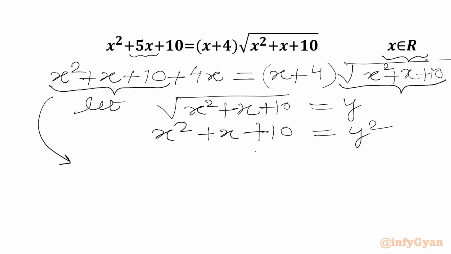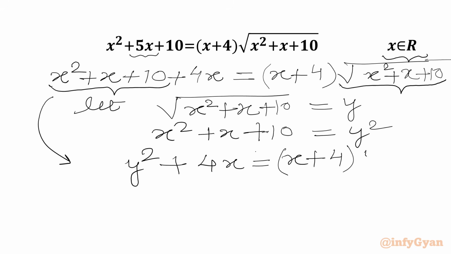So let us write our equation in this way: y square plus 4x equal to (x plus 4) times y, or we'll write y square plus 4x equal to xy plus 4y.